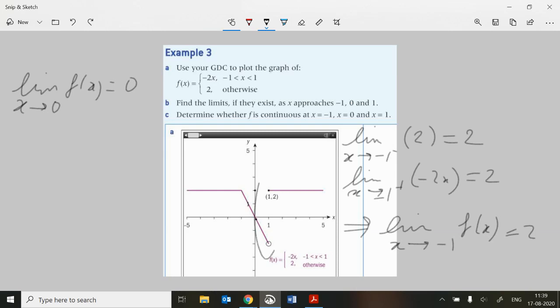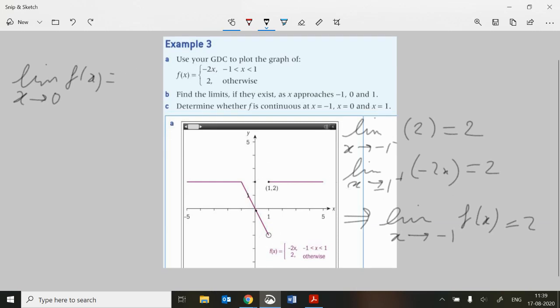Okay, and for the last part, again, I would do this thing here, and I can see that they've done that in the book as well. So again, we can say the limit as x tends to 1 from the negative side, and the limit as x tends to 1 from the positive side. Now I'm going to write here 2 because that's coming from this side. That's how the function is defined. And then we've got -2x in there as well.